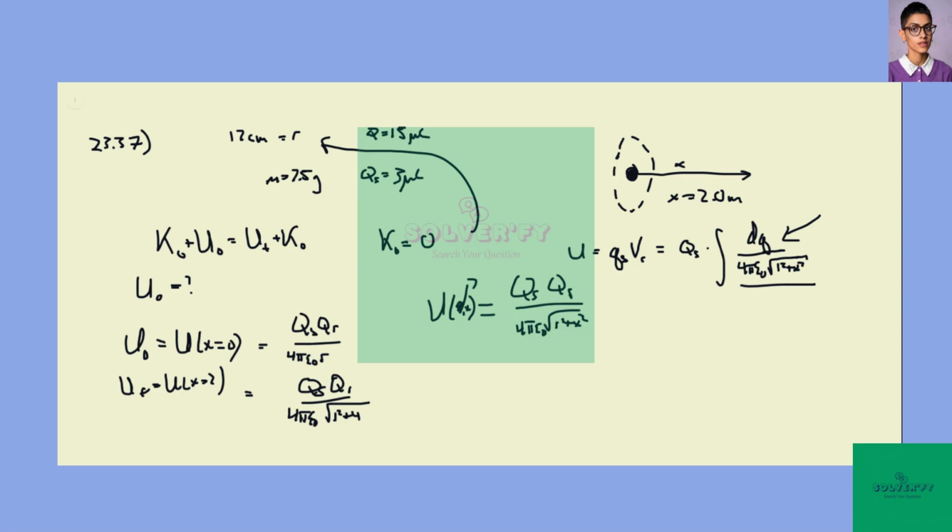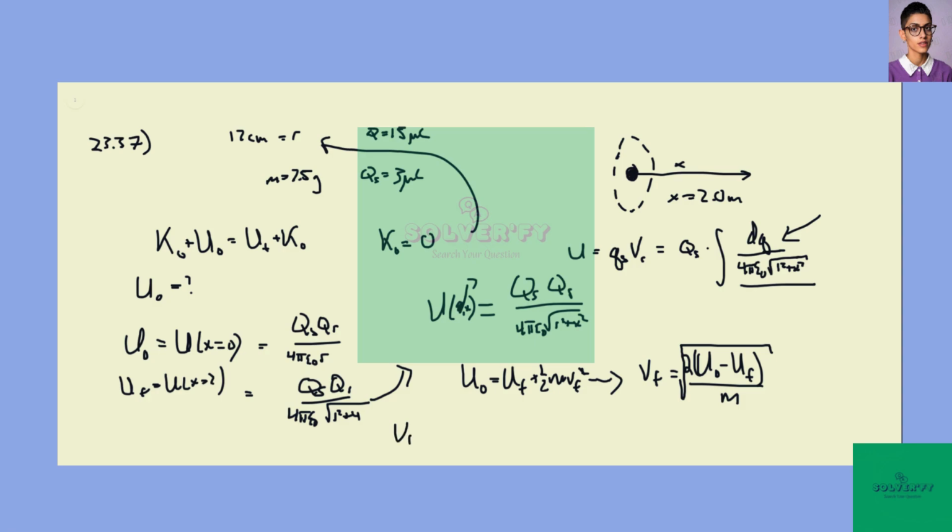Okay, let's plug things in now, and we should see that U naught equals U final plus 1/2 m V final squared. Let's rearrange and see that V final is given by U naught minus UF, all times 2, all divided by the mass, and all square rooted.